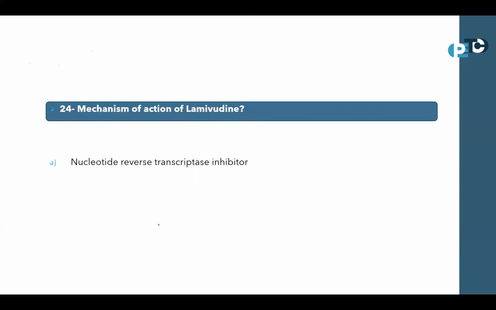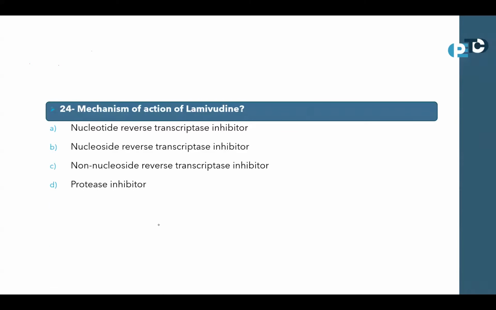We have 5 main mechanisms of those drugs: either NRTI or nucleoside reverse transcriptase inhibitor, non-nucleoside reverse transcriptase inhibitor, nucleotide reverse transcriptase inhibitor, protease inhibitor, and fusion inhibitor. Okay.